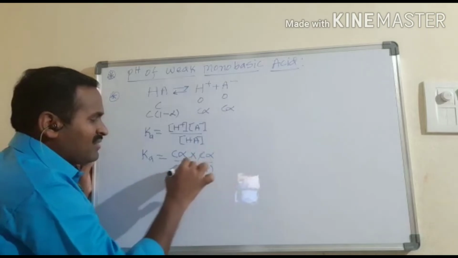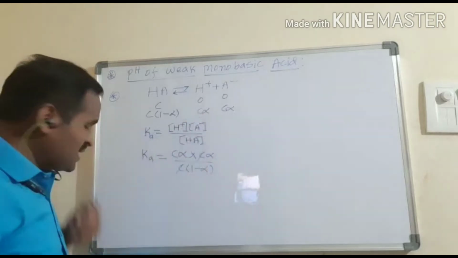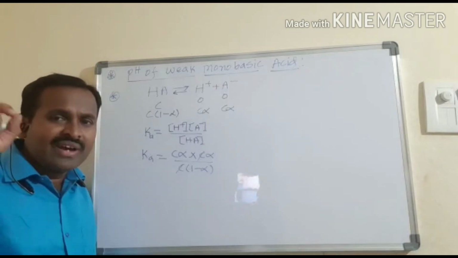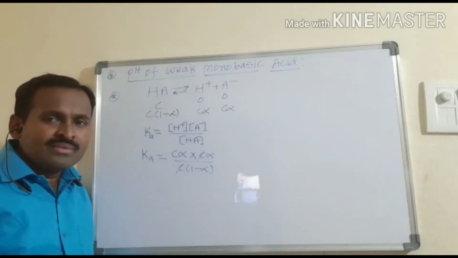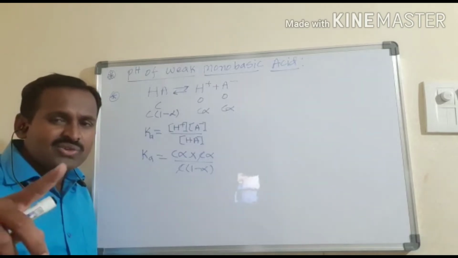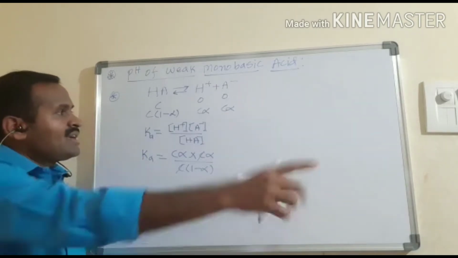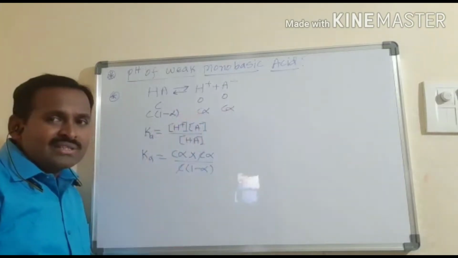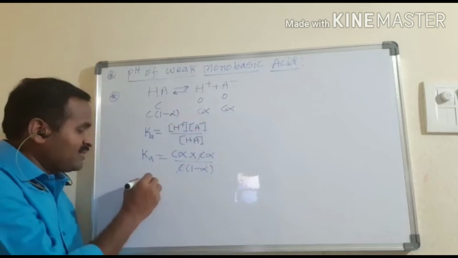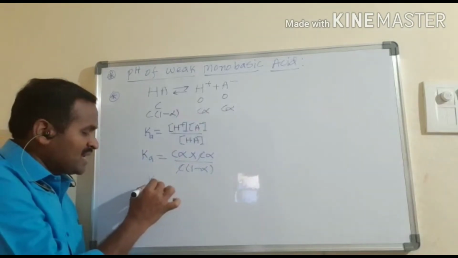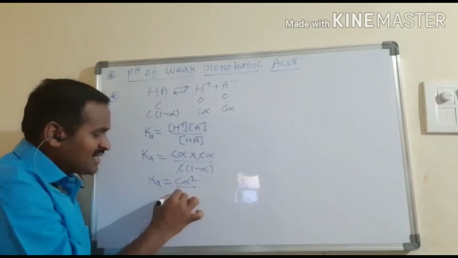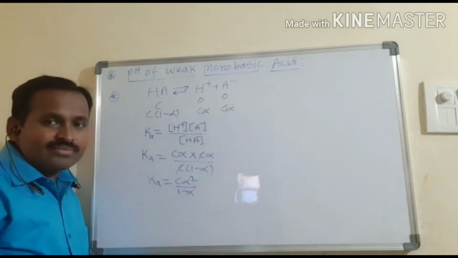Alpha, as we have seen in the Ostwald dilution law, is the degree of ionization, and factors affecting the degree of ionization we have also discussed in detail already. Here C will get cancelled. I can write Ka equals C alpha square divided by 1 minus alpha.